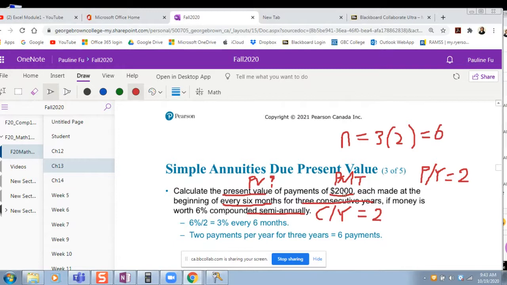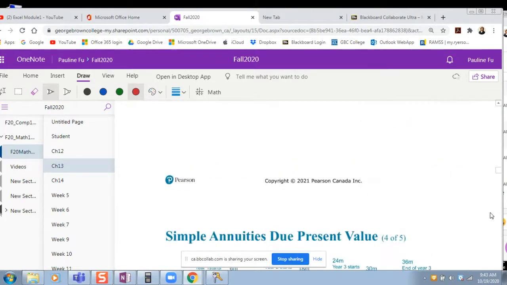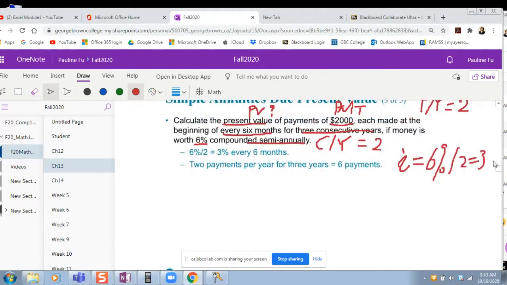That is n. And interest i, what is i? i is the periodic interest, 6% compounded semi-annually, divided by 2. So i is 3%. n equal to 6, i is 3%.